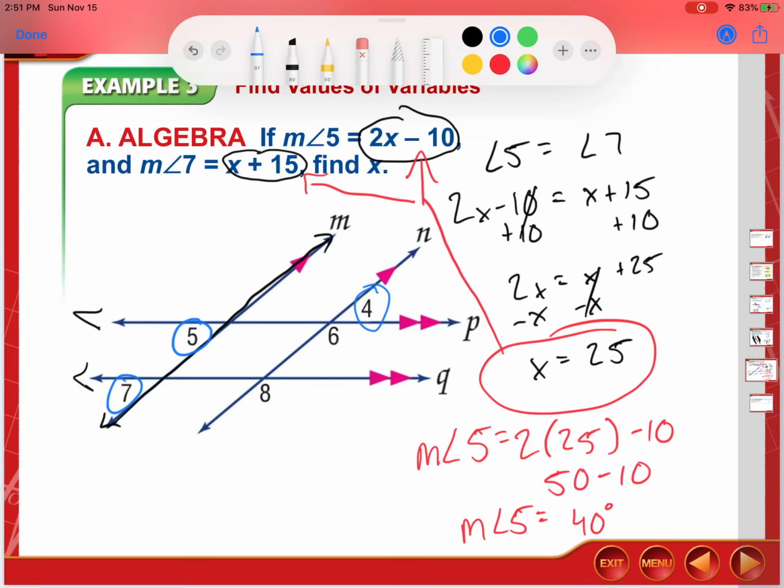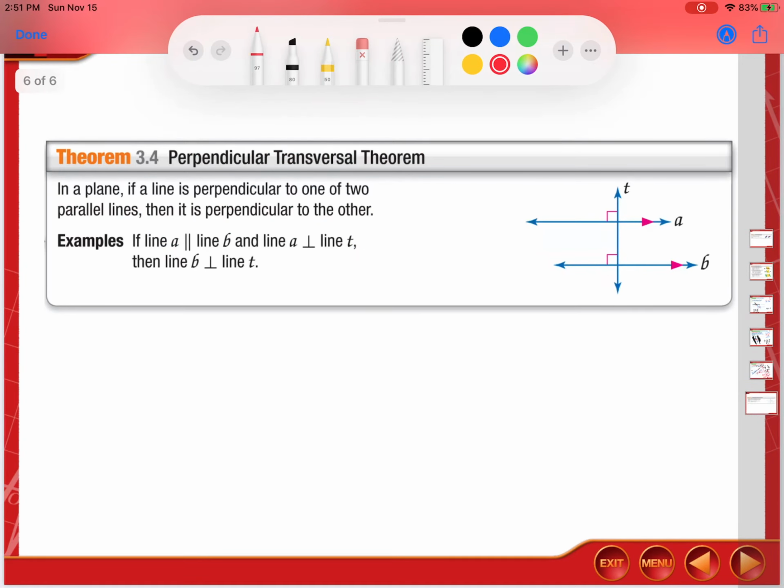So we could say that angle 4 is going to be 40, and then angle 4 plus angle 6 equals 180, so angle 6 is going to be 140 because they add up to 180. So angle 6 and angle 8 would equal 140 degrees also. Of course, the problem wasn't asking for that, but we're just going a little above and beyond today.